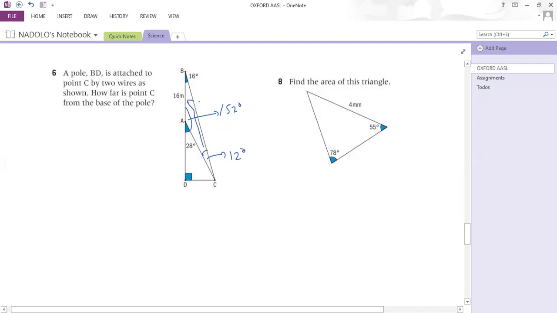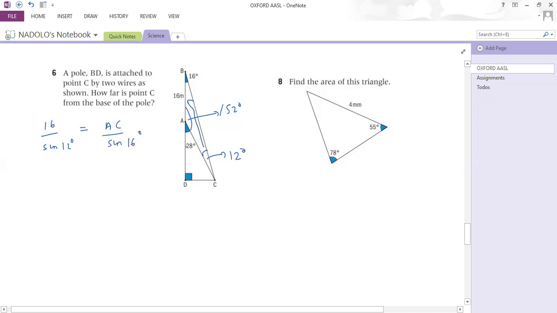So why are we targeting that? We are targeting that because we need to find side AC. If we find side AC, we'll be able to use a trigonometric ratio to find DC, using angle 28 degrees. So you can comfortably say that 16 divided by sine 12 degrees should be equal to side AC divided by sine 16 degrees.